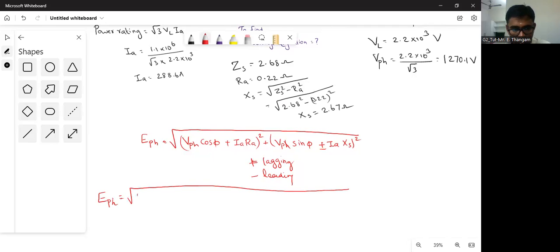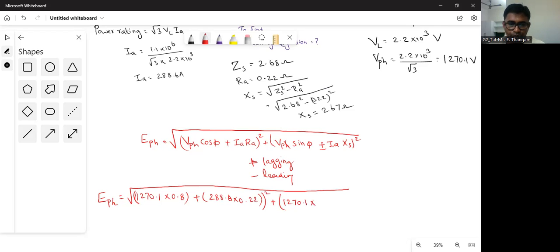V phase is 1270.1 into cos phi, which is 0.8, plus IA, which is 288.6, into RA, which is 0.22, the whole square, plus V phase 1270.1 into sin phi.